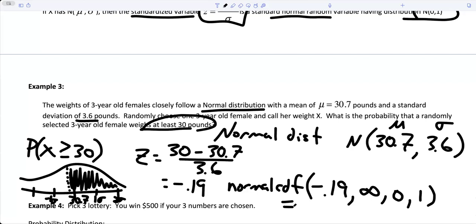What do we got? Somebody help me out. 0.575, 0.58. So let me write a little conclusion.